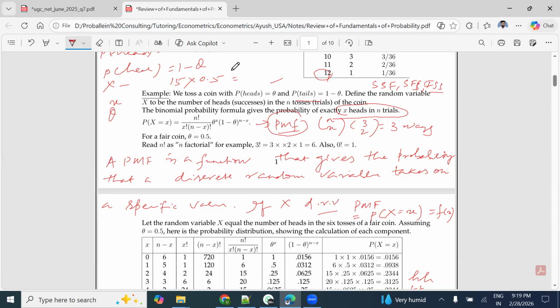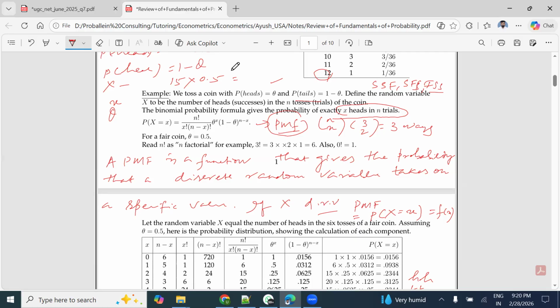If you are doing 15 trials, meaning you are throwing the coin 15 times, what is the average number of successes you will get? It is 15 into 0.5.